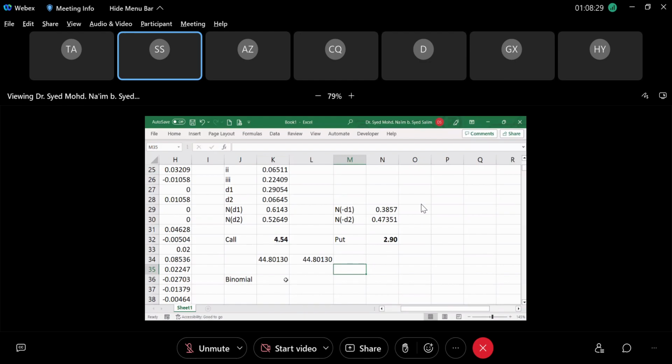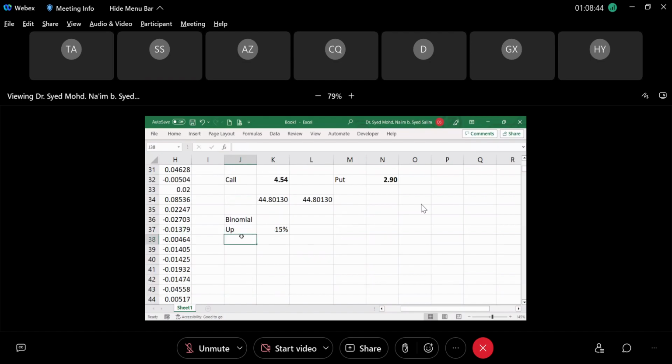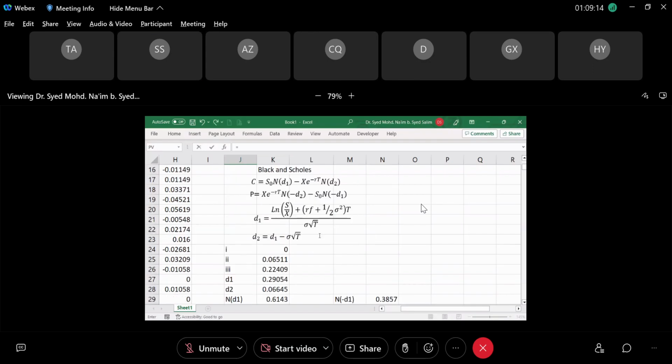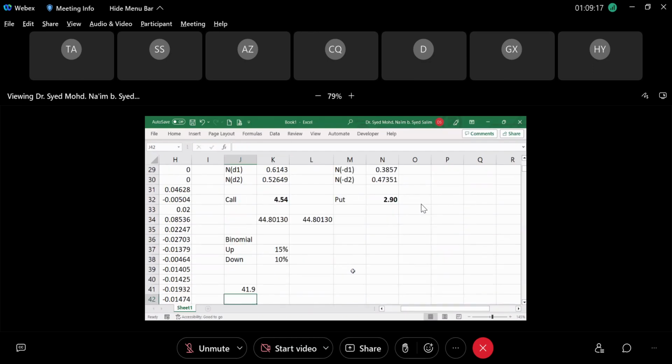Let's say for this binomial, it is assumed to go up by 50%, and down by 10%. We look at it by growing the branches.